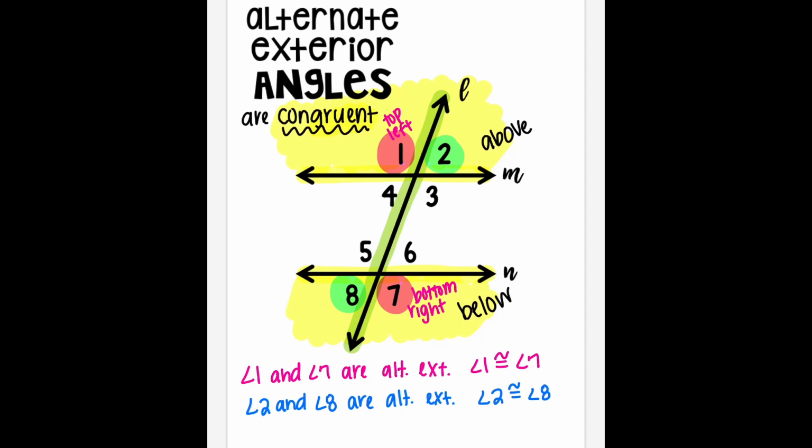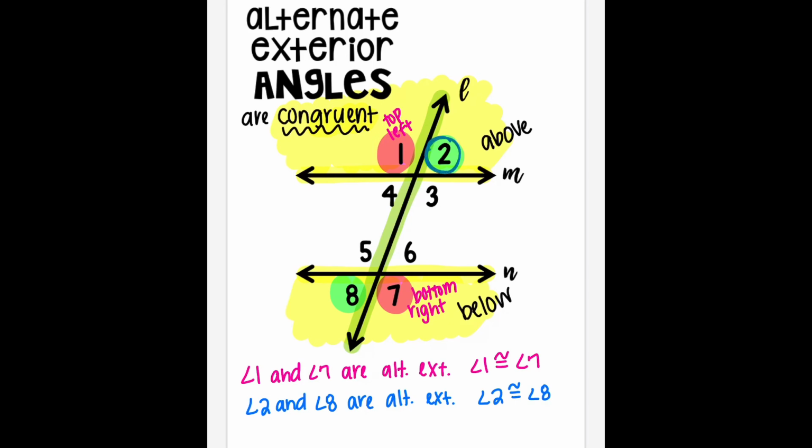And alternate exterior angles are congruent. Again, that's because we talked about, remember, 1 is congruent to 3, 3 is congruent to 5, and 5 is congruent to 7. Well, if that's the case, then that connects angle 1 and angle 7. Same thing with angle 2.